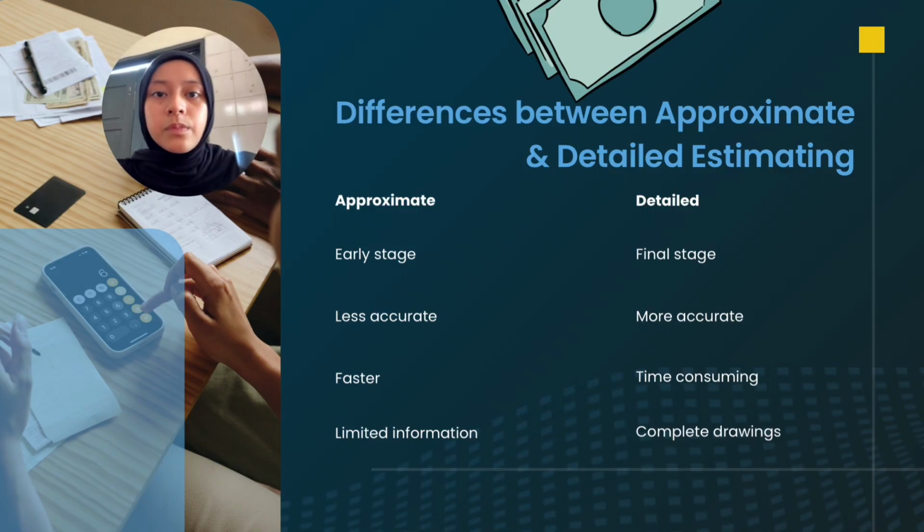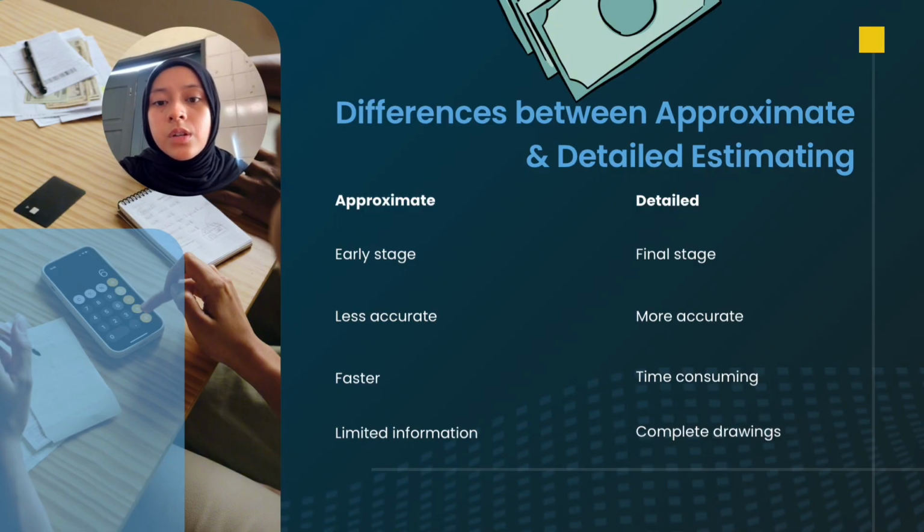So, in contrast, a detailed estimate is prepared after the architectural drawing and specifications of the drawing have been completed. This detailed estimate also includes detailed quantities of materials, labor, equipment, and other construction costs, making it much more accurate than an approximate estimate.